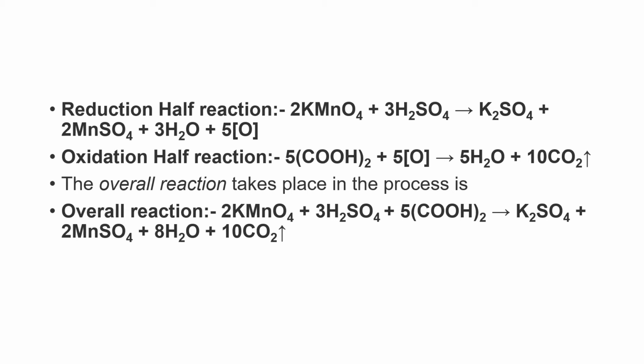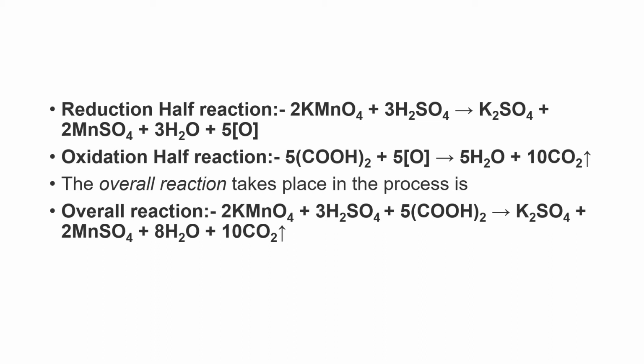First, the half reaction of potassium permanganate. Two molecules of potassium permanganate in the acidic medium combine with 3 moles of sulfuric acid, giving potassium sulfate, manganese sulfate plus 3 water molecules, and 5 nascent oxygen atoms. So here manganese in potassium permanganate is in the plus 7 state and changes to the plus 2 state.